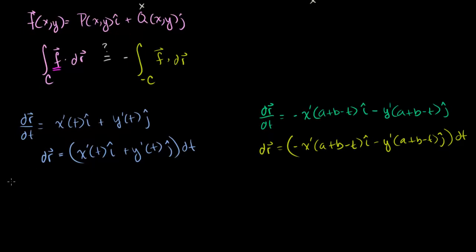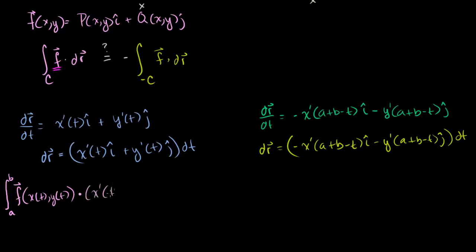The pink one is going to be equal to the integral from t equals a to t equals b of f of x of t, y of t, dot this thing over here, which I'll just write out here. I could simplify it later.